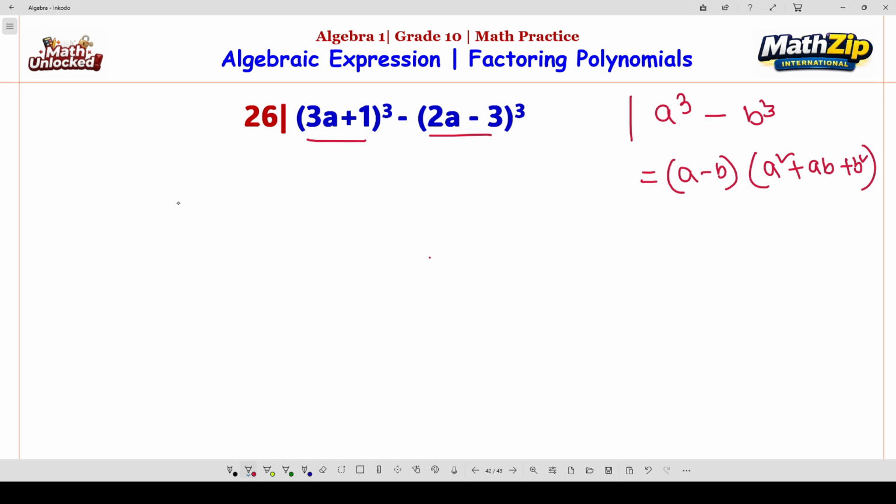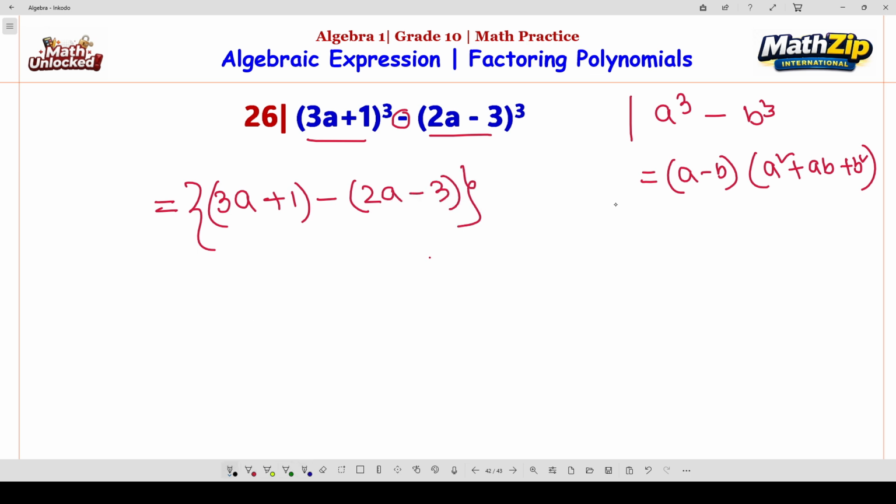In this case, first a − b. Because there is a minus, we are following the difference law of cubes of two numbers. So first a − b means (3a + 1) − (2a − 3), right?